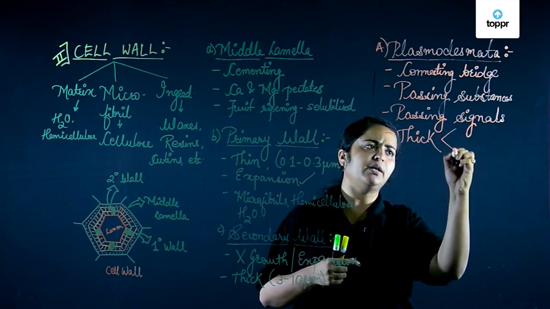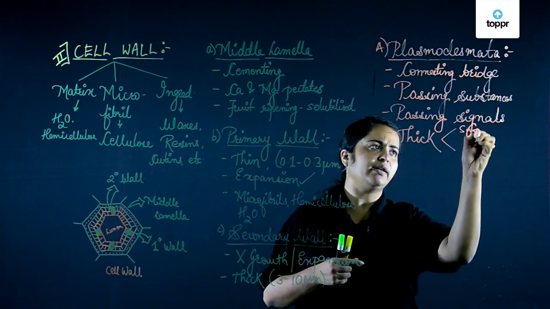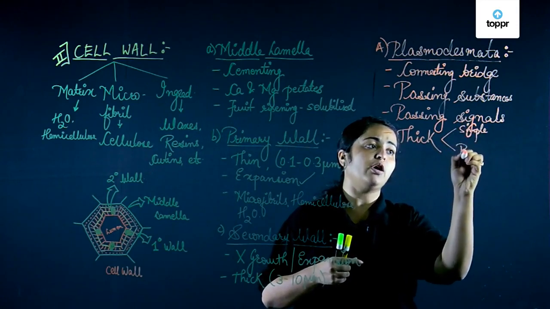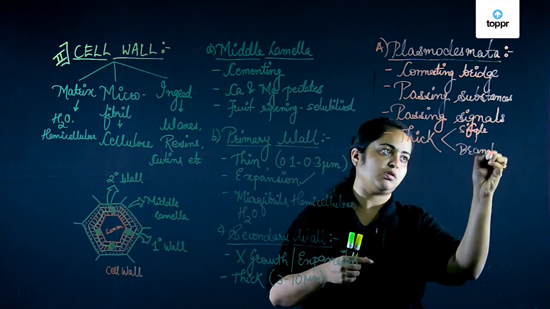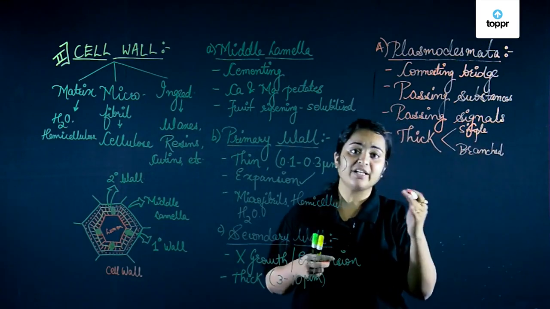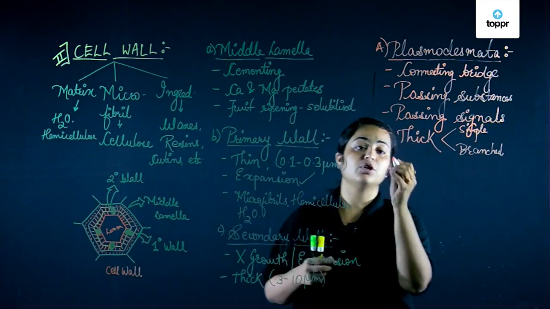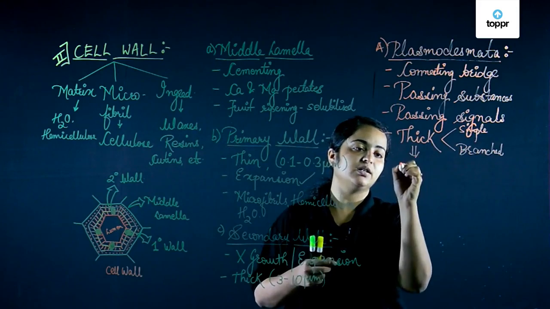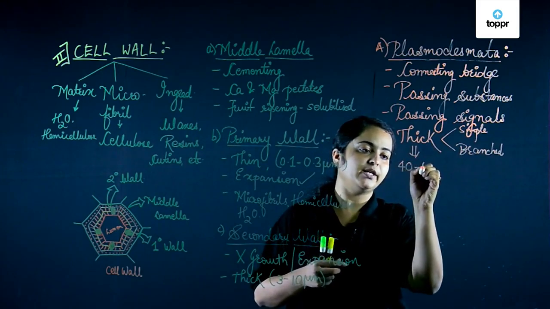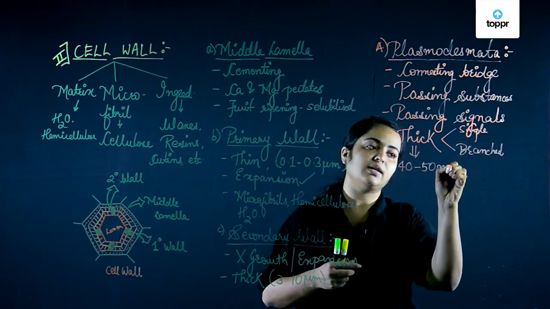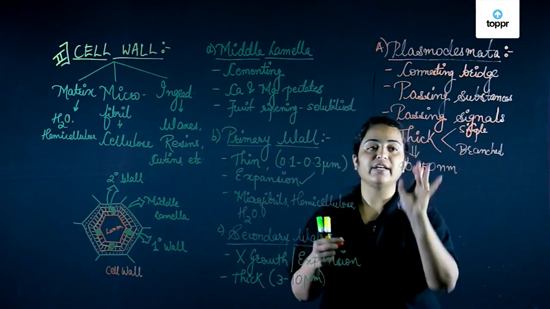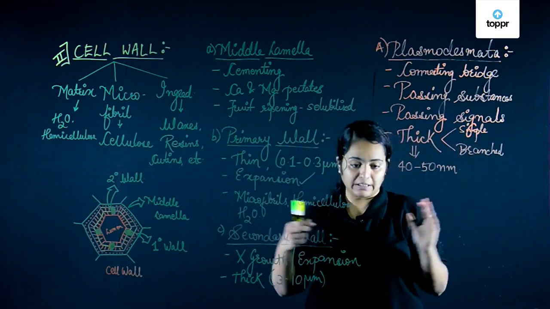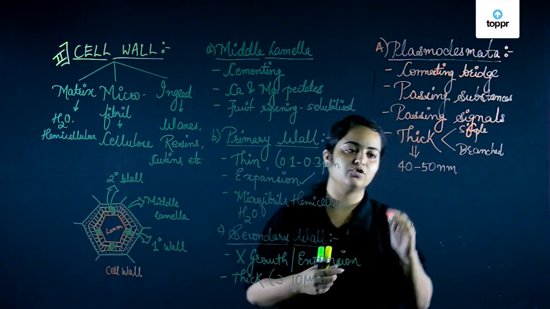It can have a simple structure, or it can be branched. But whatever the structure, simple or branched, usually the thickness ranges from 40 to 50 nanometers. This is the standard range in which you find plasmodesmata, the connecting links or connecting junctions.